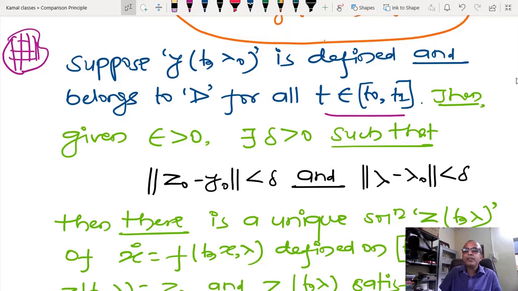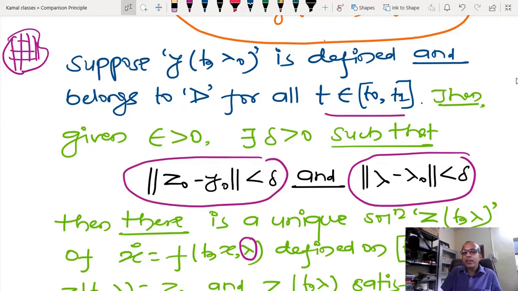Then I can further generalize that for a given epsilon greater than 0, there exists a delta such that if I have another solution with initial condition z0, where y0 is the initial condition of the nominal equation and z0 is the initial condition of the perturbed equation, the perturbed equation being the one where the parameter varies.